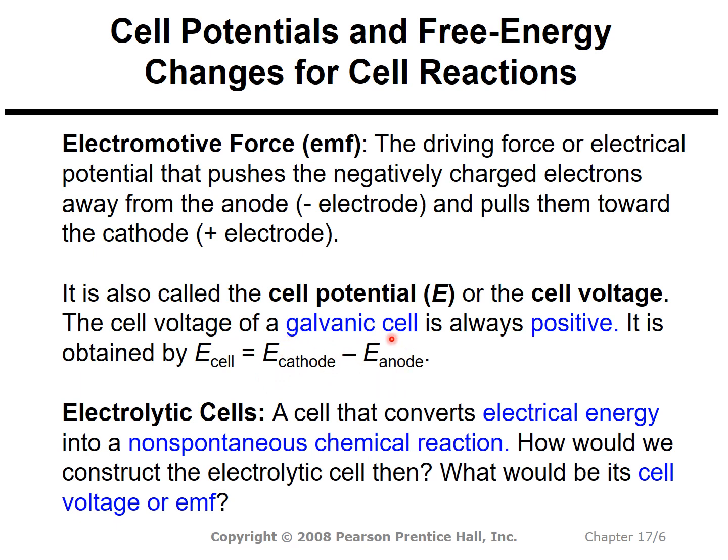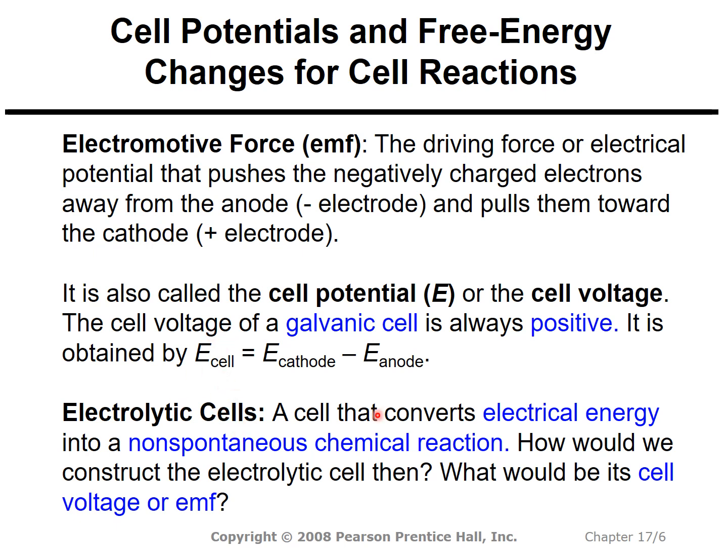You know, the reduction potential is defined based on the reduction process, and the cathode is the electrode of reduction. So usually the potential of the cathode is considered positive, and the potential of the anode is considered negative. So plus electrode minus minus electrode is the cell potential. I'll let you know about that later.